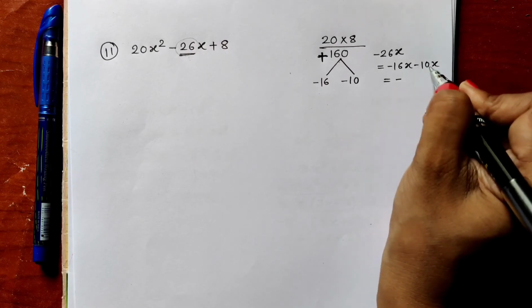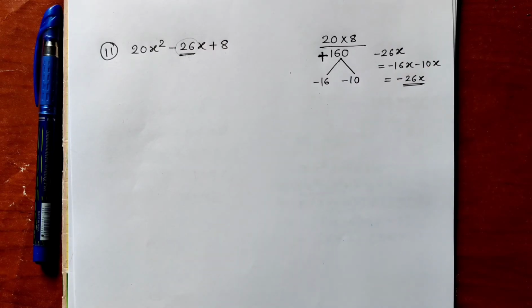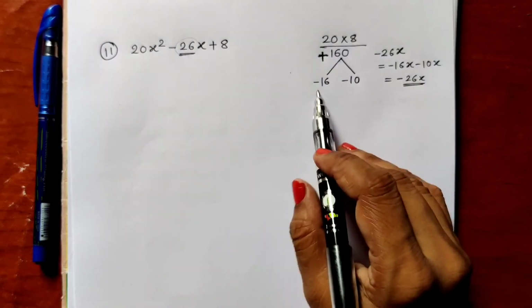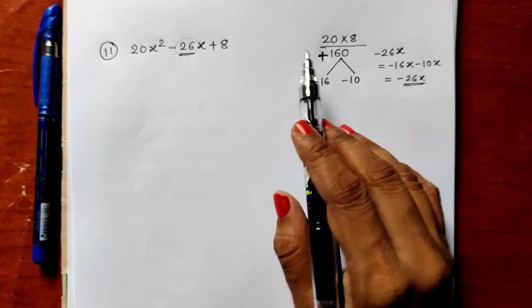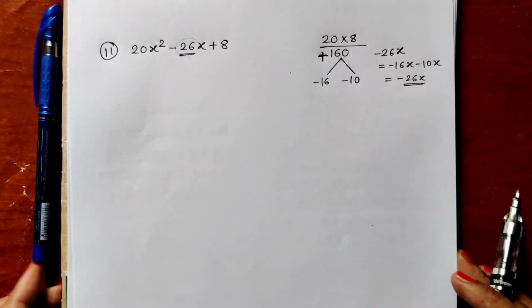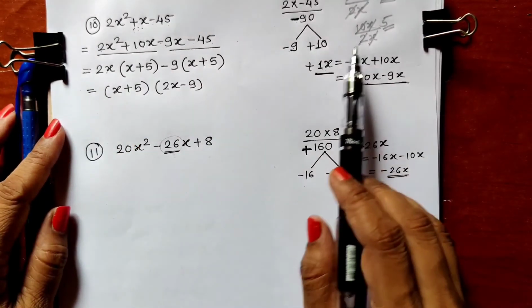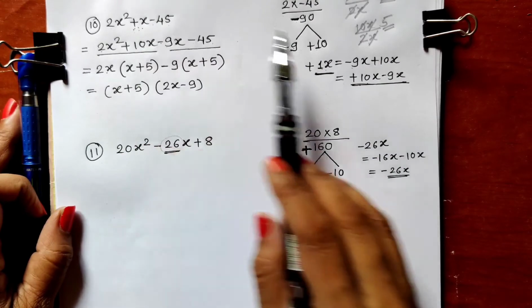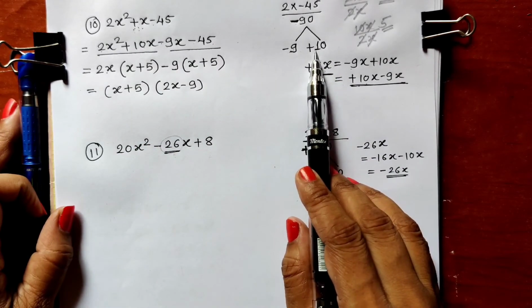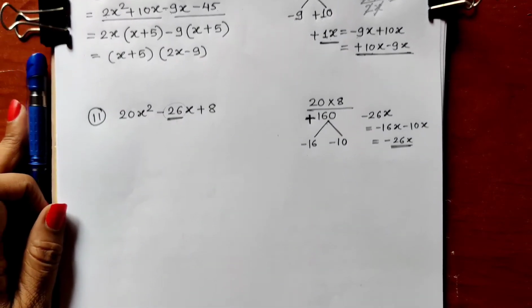Plus 16x plus 10x will be 26x. In this way we get the answer as minus 26x. So always see that when addition is there, the middle term sign should be given to both the numbers. And when subtraction is there, middle term sign should be given to bigger factor and then smaller factor will have the opposite sign. Always keep this in mind.